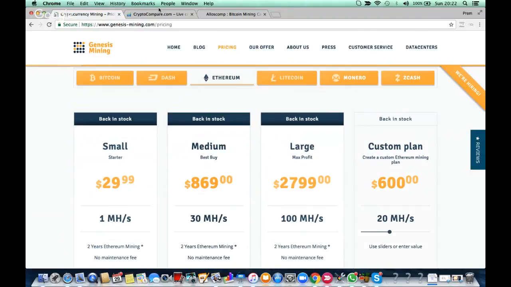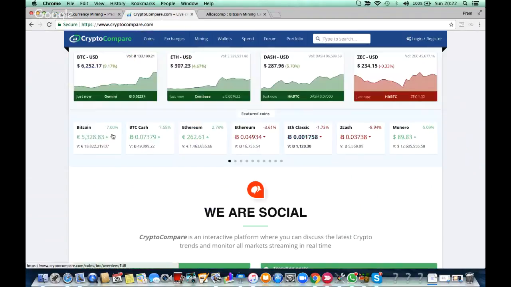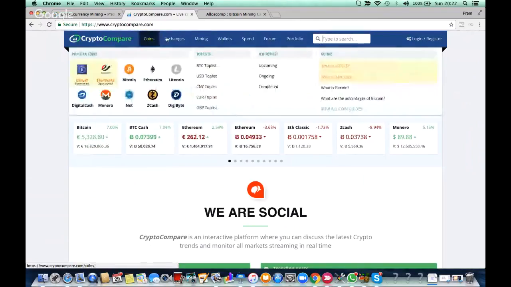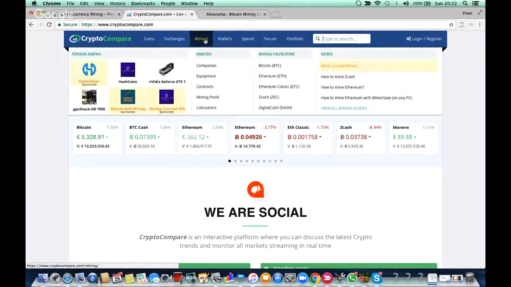So let's work that out now. If you go to this website called cryptocompare.com, this is one of the useful ones. There are many others, but this is the one I personally like to use because it's fairly straightforward. You go into here, it says mining, and in mining, it will give you a background on the companies, various equipment.